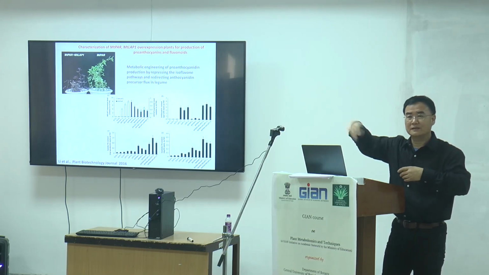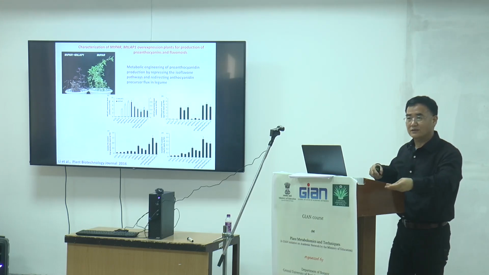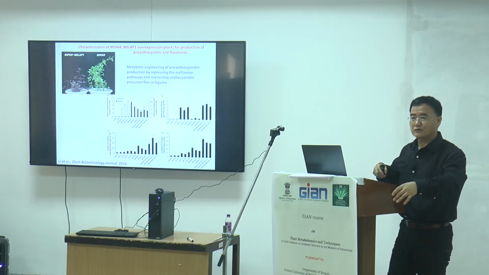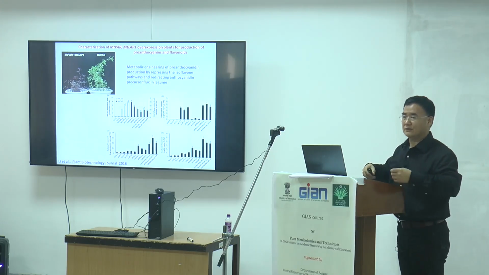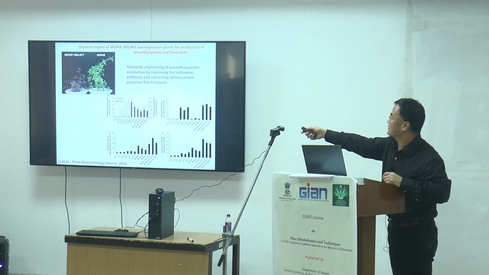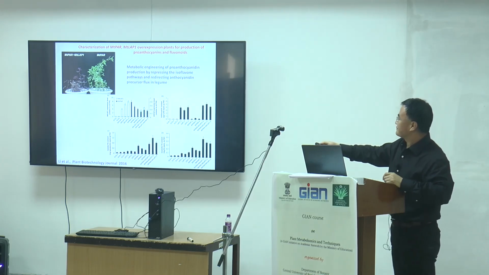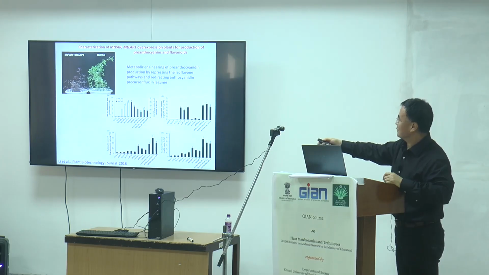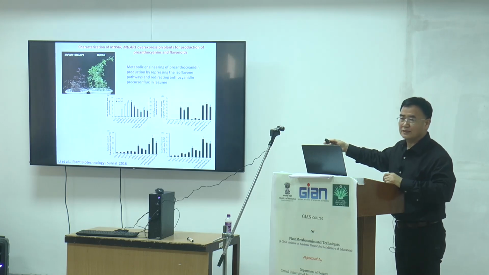This is what people in other places usually use to prevent the animal death by lethal bloat. So we use the transgenic approach to do metabolic engineering for proanthocyanidin biosynthesis.